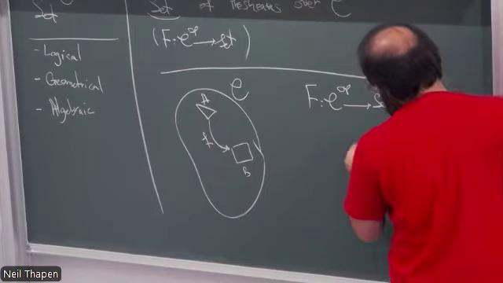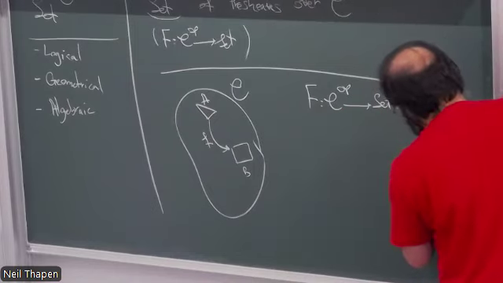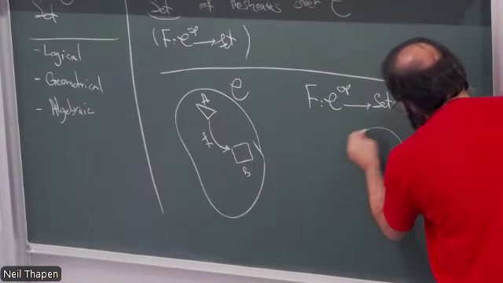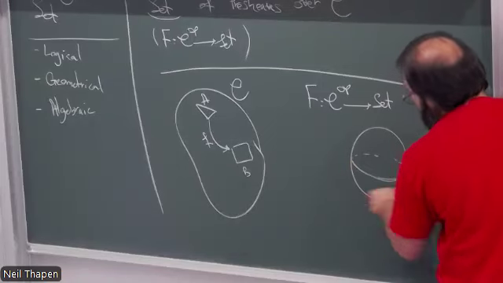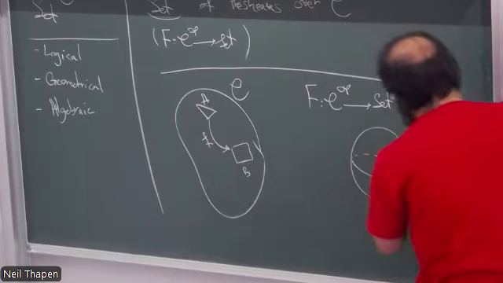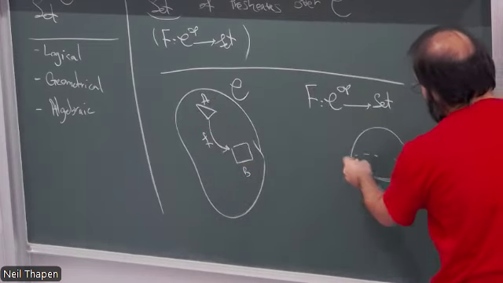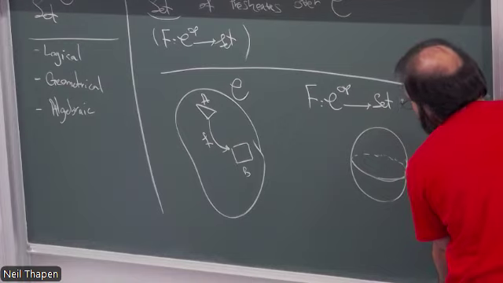And the idea is that, let's say that I have some sort of generalized space that's just kind of curvy. So think of these guys as kind of flat and this guy as some curvy sphere.